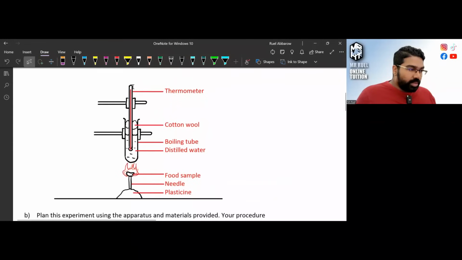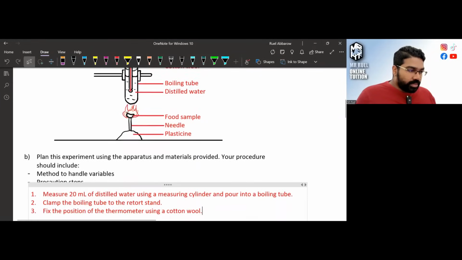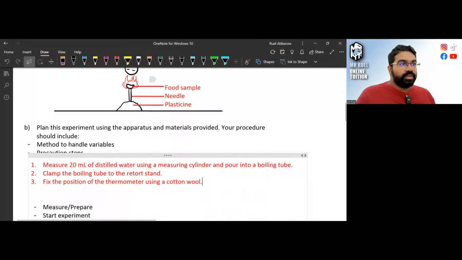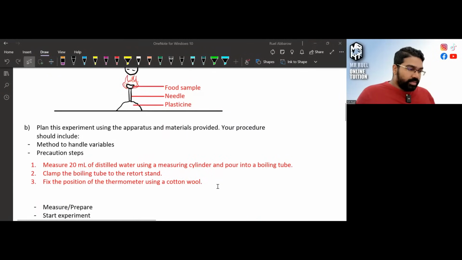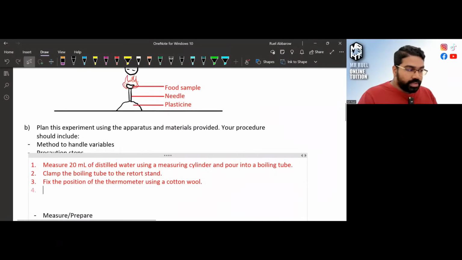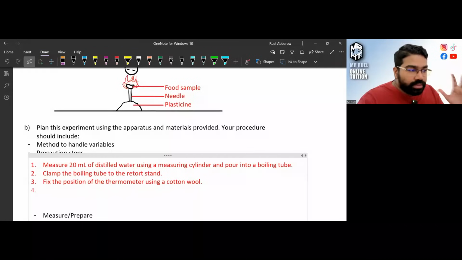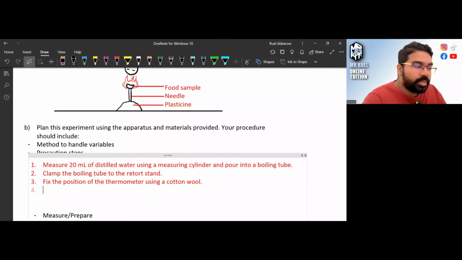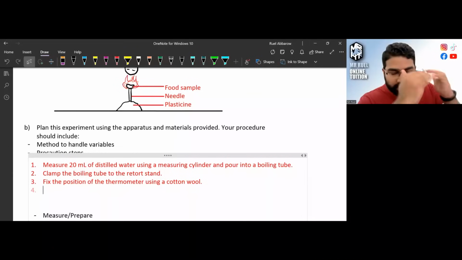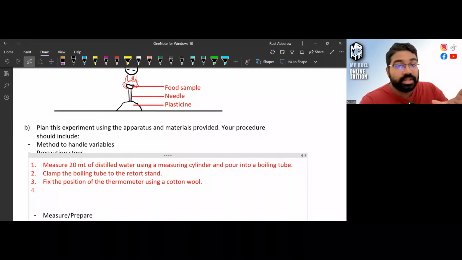So after the thermometer is done, what else? We need to settle the bottom part: the food sample, the needle, and the plasticine. At this point, after you put the thermometer, you can already start taking measurements. According to the textbook, this is the order, but actually you can set up everything first and then measure.